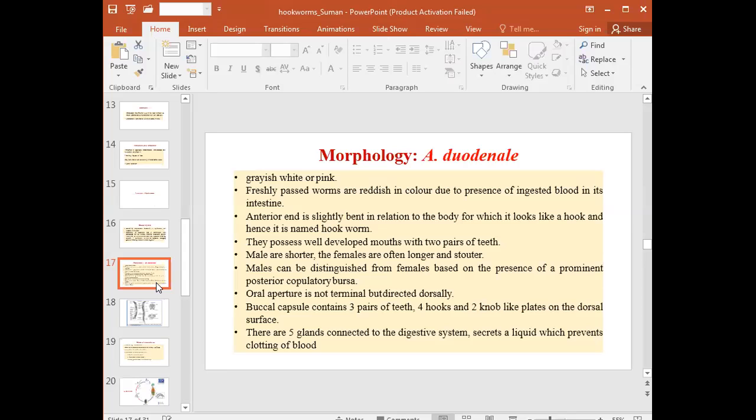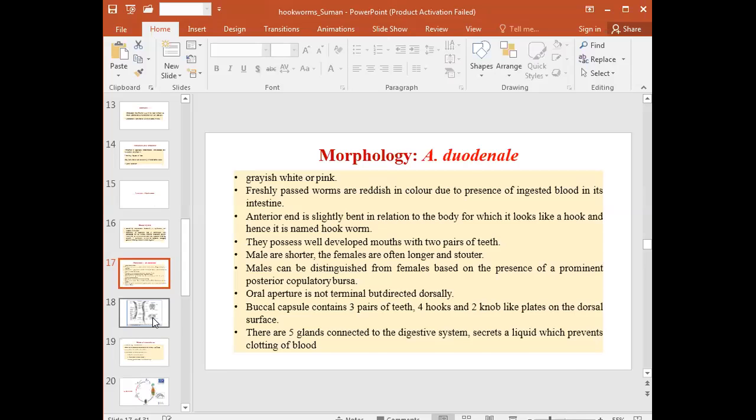Males can be distinguished from females by the presence of a prominent posterior copulatory bursa, which was absent in the Ascaris male. The oral aperture is not terminal but directed dorsally, and the buccal capsule contains three pairs of teeth, four hooks, and two knob-like plates on the dorsal surface.